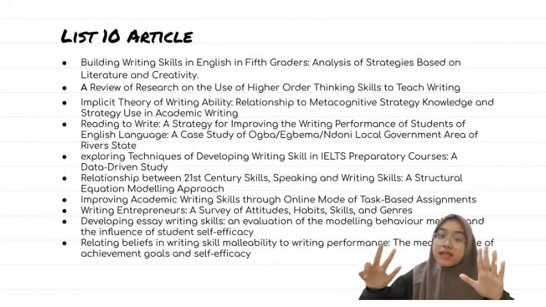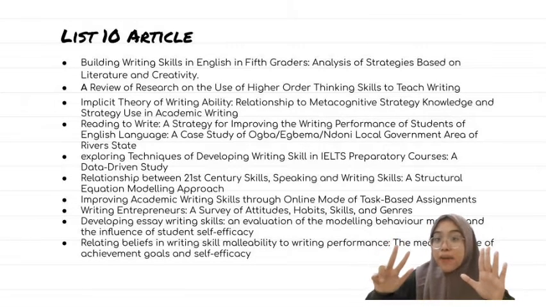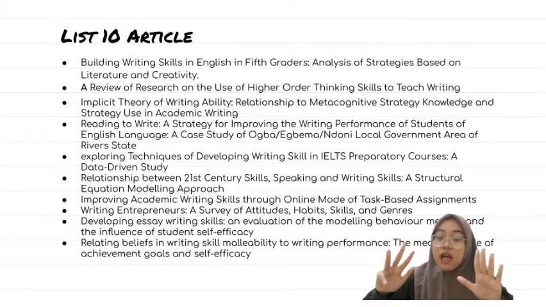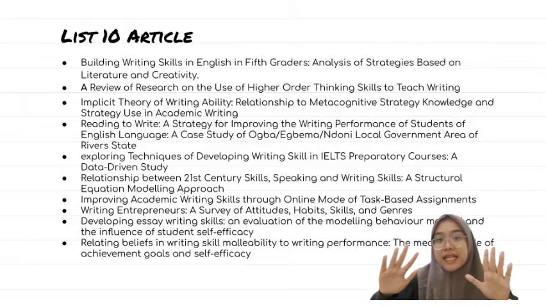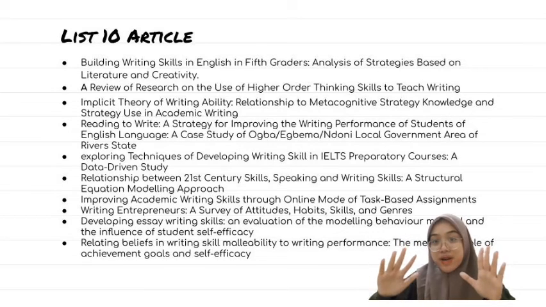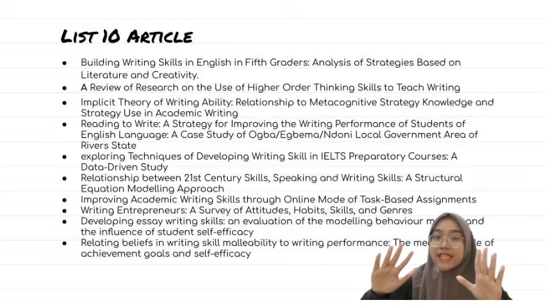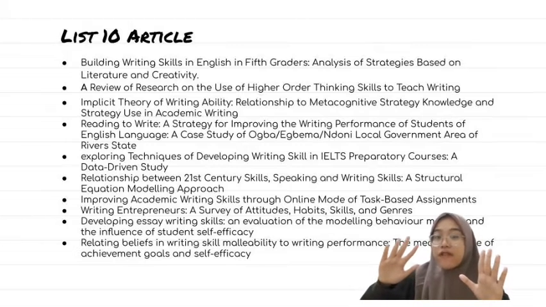Writing entrepreneurs, a survey of attitude, habit, skill, and genre. Developing essay writing skill, an evaluation of the modeling behavior method on the influence of student self-efficacy. Relating belief in writing skill malleability to writing performance, the mediating role of achievement goals and self-efficacy.